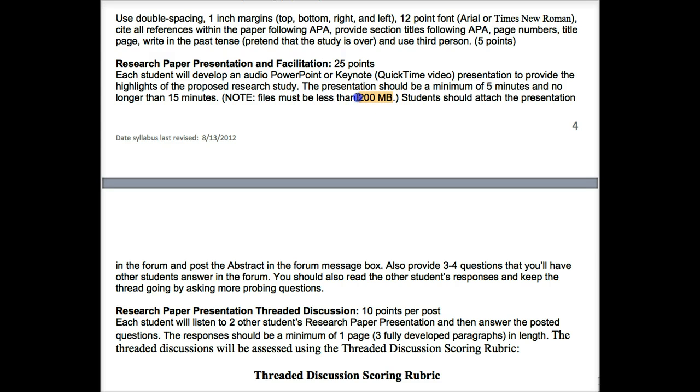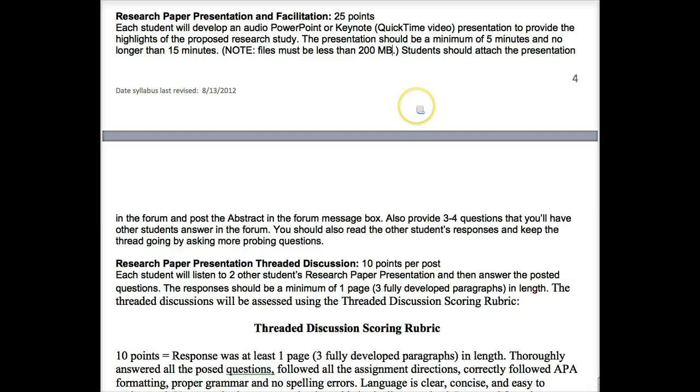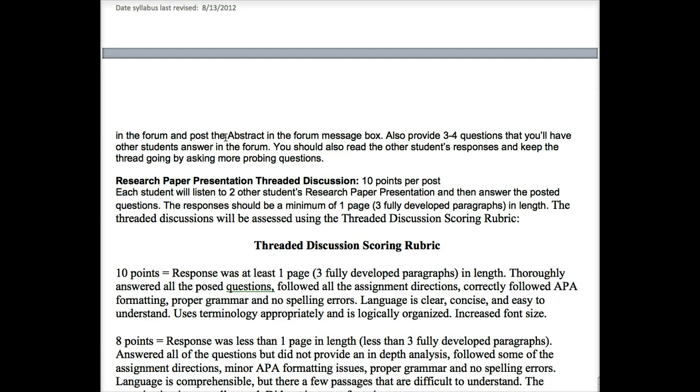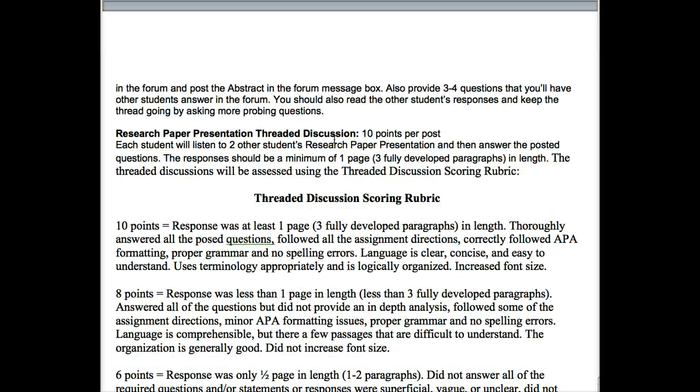And note you have to limit the file to 200 megabytes, and with that short of a presentation, you should be fine. You're going to attach your presentation in the forum, and the abstract that you wrote for your paper, you're going to have that in your forum message box.